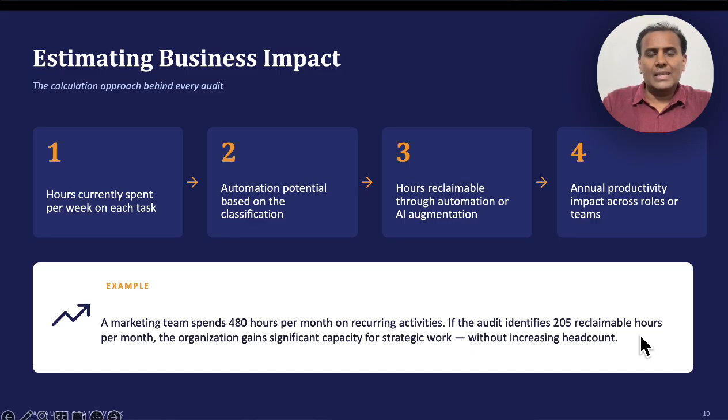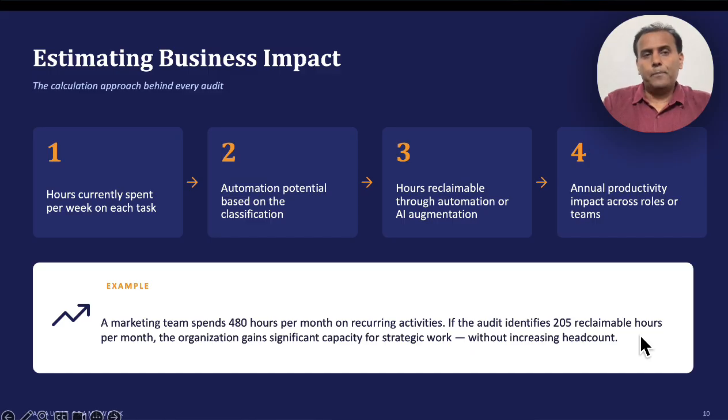So I'm going to show you exactly how this report looks, but for now, understand that the very act of identifying the tasks, identifying the projects, and then identifying the business impact at a function level, at an individual level, is very critical to start AI work.